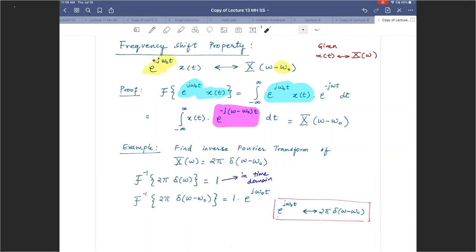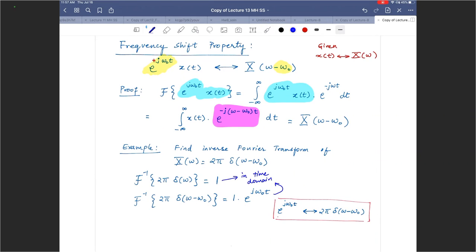When you apply the frequency shift property, what do you have? 2 pi times delta of omega minus omega naught will be 1 multiplied by, so this is also in the time domain, 1 multiplied by e to the j omega naught t. So we can say that the Fourier transform of e to the j omega naught t is simply 2 pi delta of omega minus omega naught.